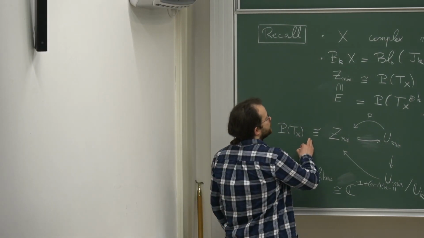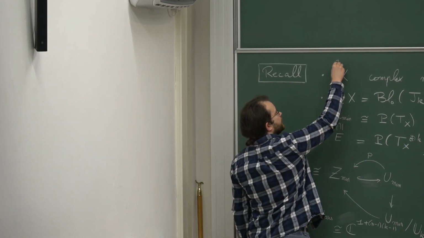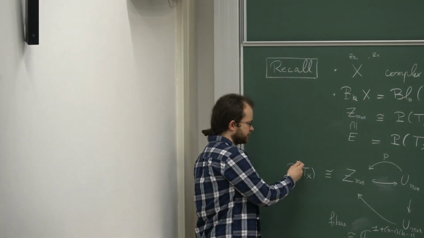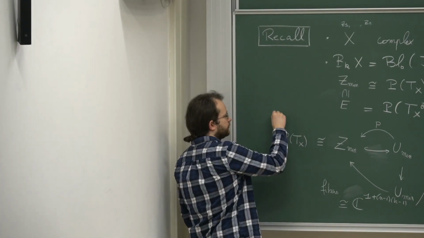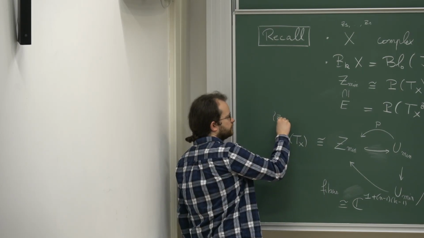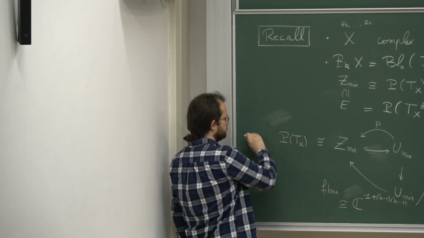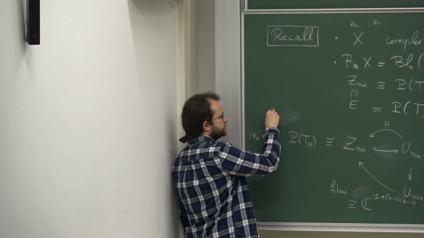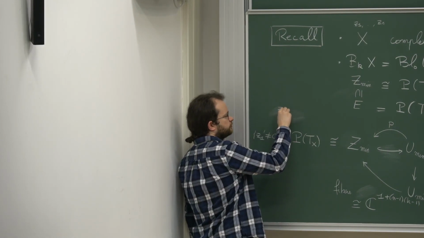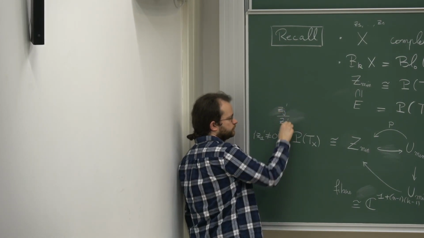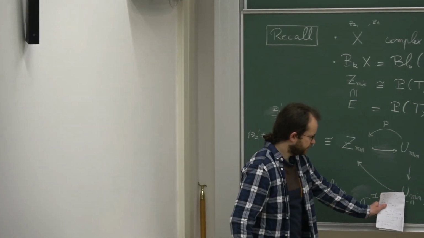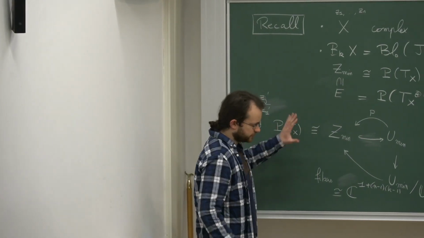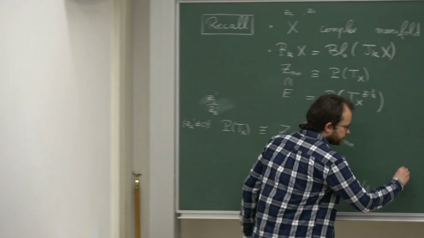And if you take coordinates, say z1, ..., zn on X, then you have several open charts on this projectivization. And for example, in the chart z1 prime different from 0, you have the coordinates zj prime divided by z1 prime on this projectivization. And here in U mean divided by UK, you have all these coordinates plus some vertical coordinates, which are z1 prime.